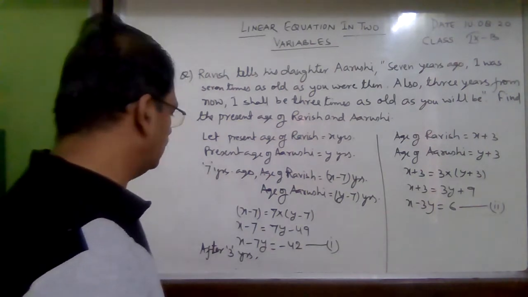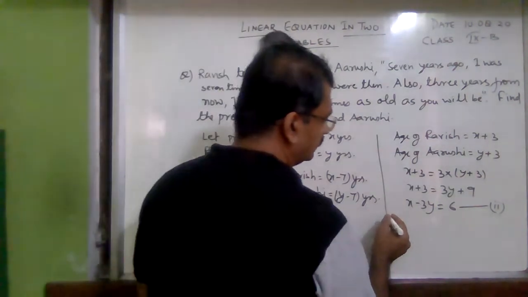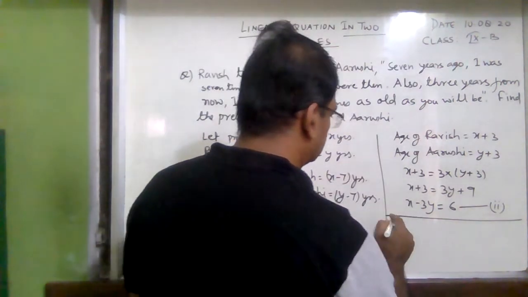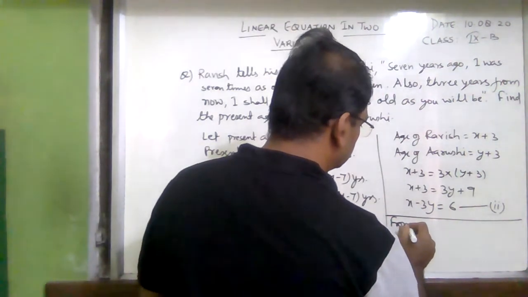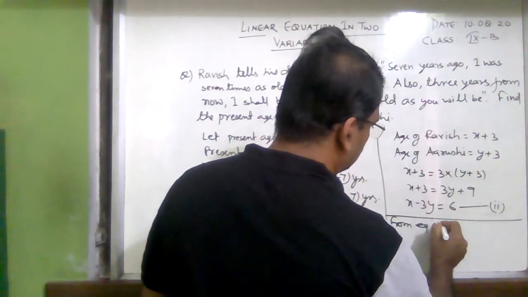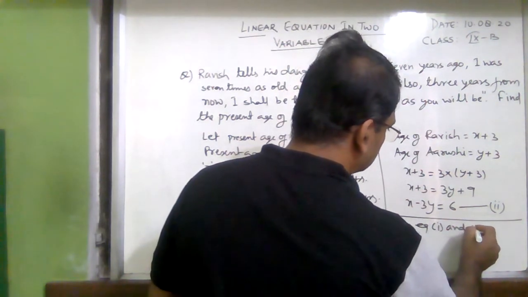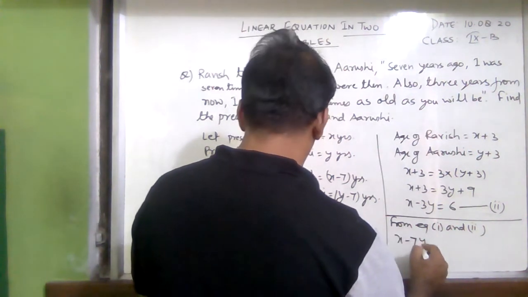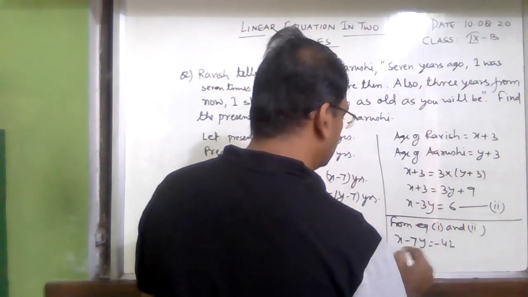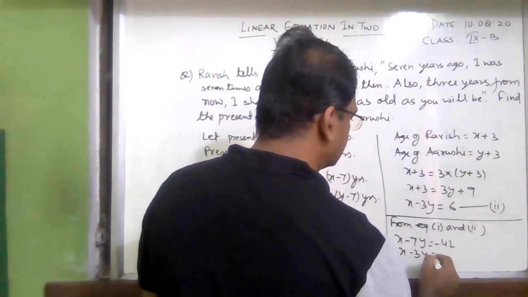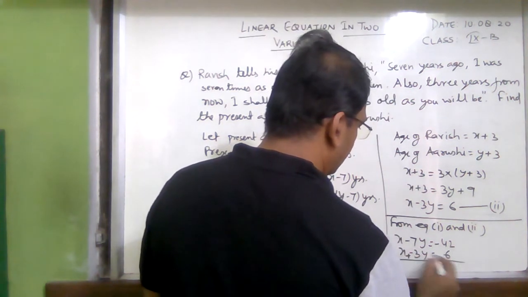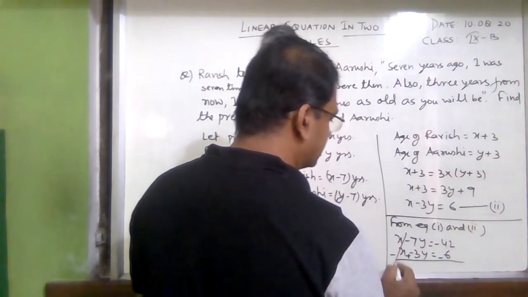So first of all, from equations 1 and 2: x minus 7y is equal to minus 42, x minus 3y is equal to 6. When you change the sign, minus plus minus, this is cancelled.